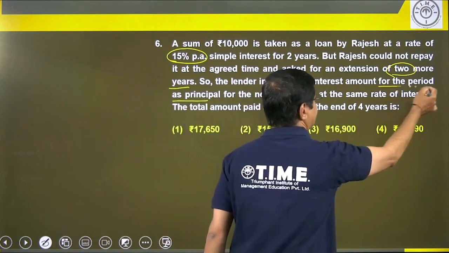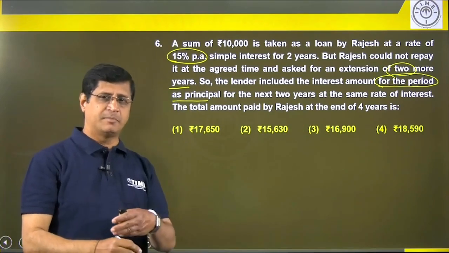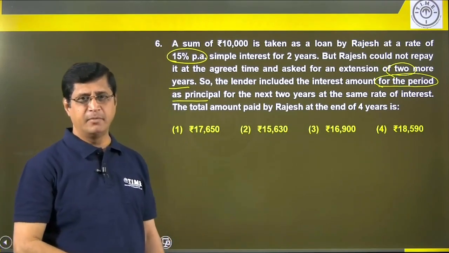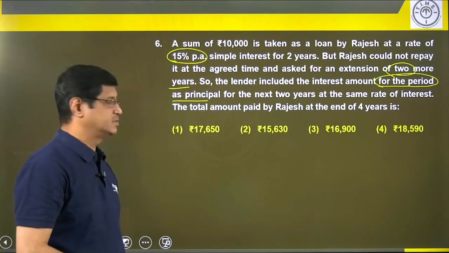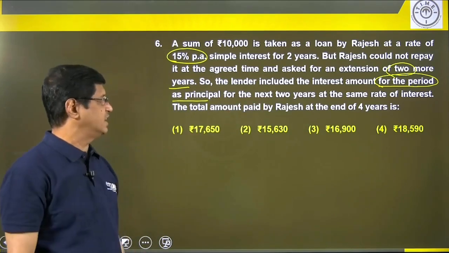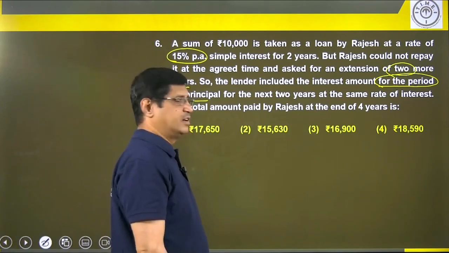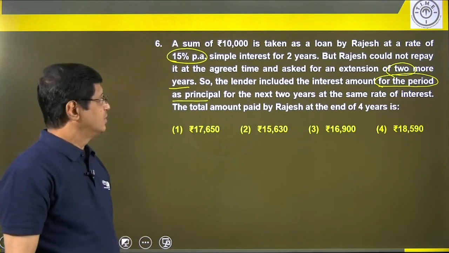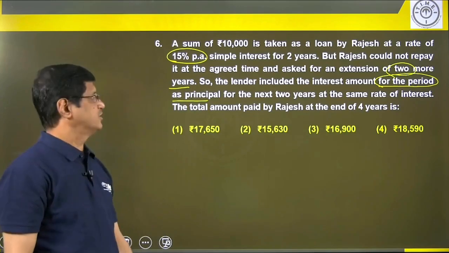Means at the end of the 2 years, whatever amount is received is taken as the principal for the next 2 years at the same rate of interest. What is the total amount paid by Rajesh at the end of the 4 years?